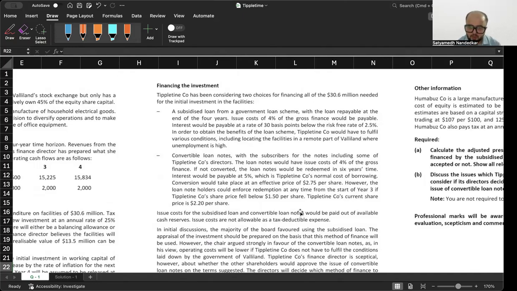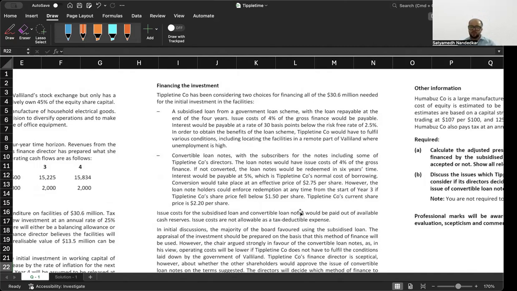In order to obtain the loan scheme, Tippletine Company would have to fulfill various conditions, including locating the facilities in a remote part of Valiland where unemployment is high. So here, what is the actual rate? 2.5 is the risk-free rate, and this is a cheap loan which you will get at 30 basis points below the risk-free rate of 2.5%.